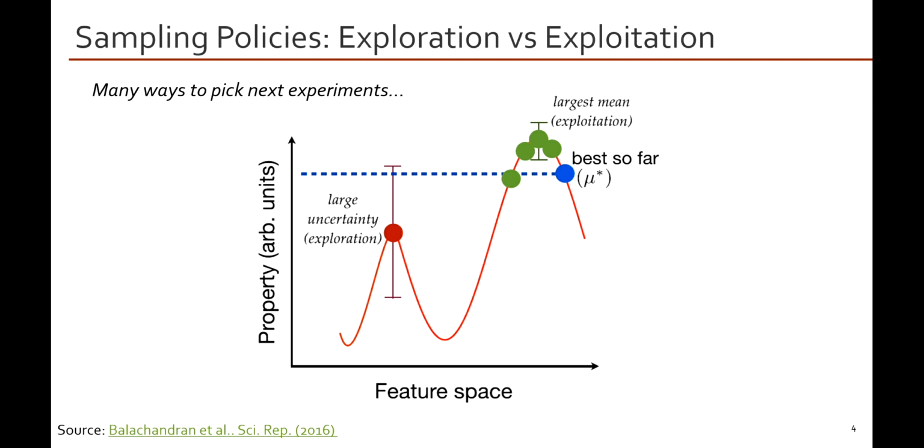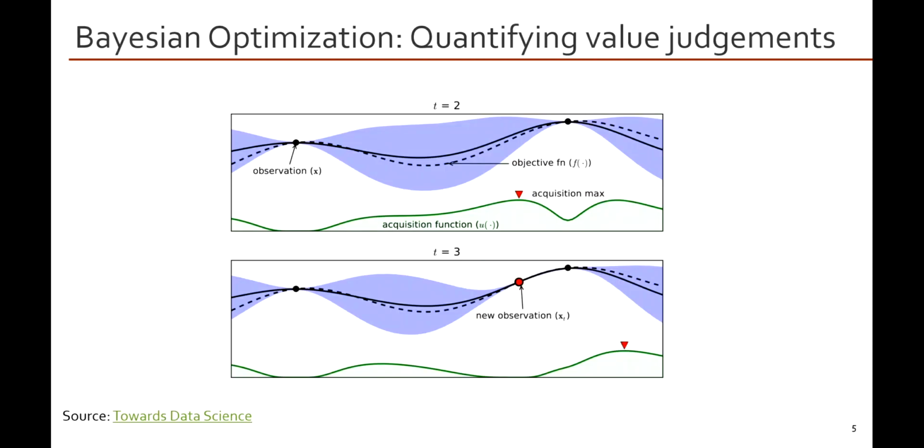Now, with this concept in mind that you could have different policies for how you want to choose your experiments given information from your model, there are many shades of gray in between. And if we look at just one class of algorithm, Bayesian optimization, which uses models like this Gaussian process described here, which give you means and standard deviations for each of your predictions, you can imagine a few different ways of combining those two bits of information to help you identify what point has the most value.